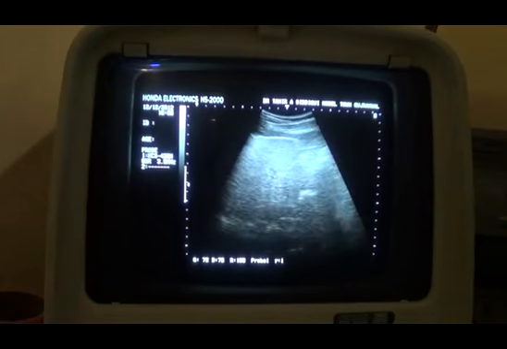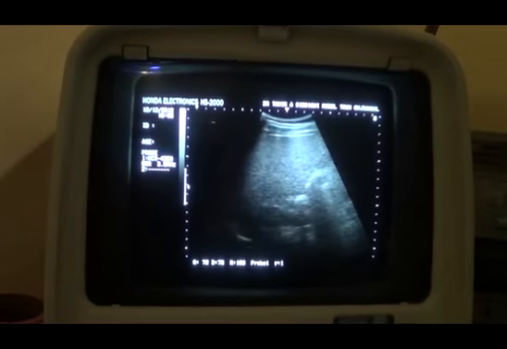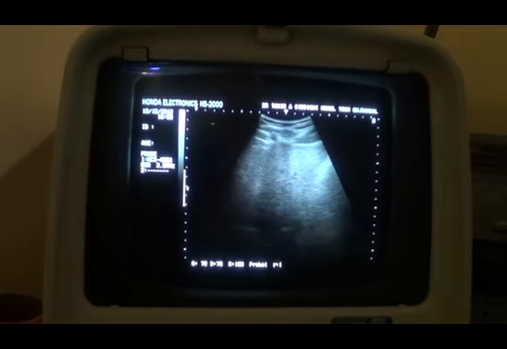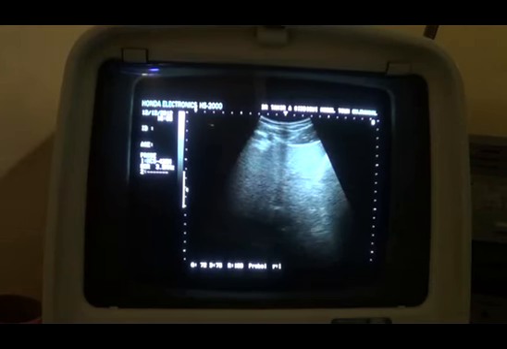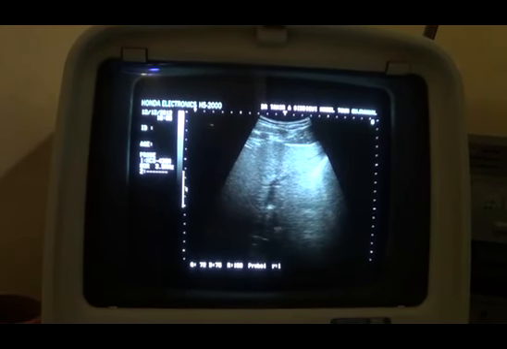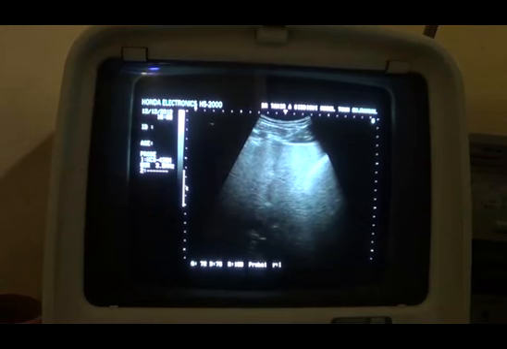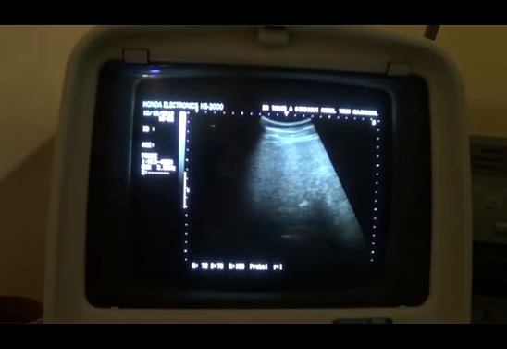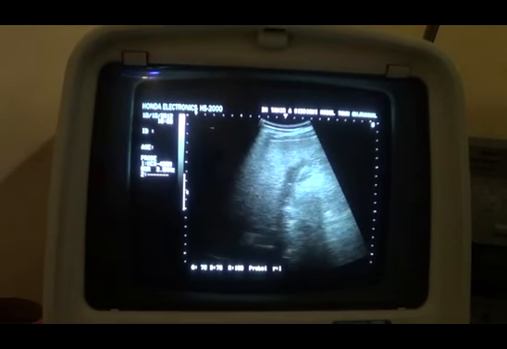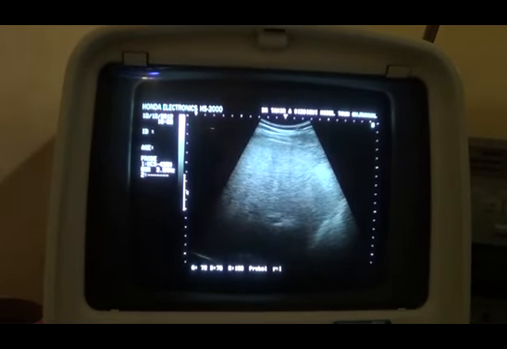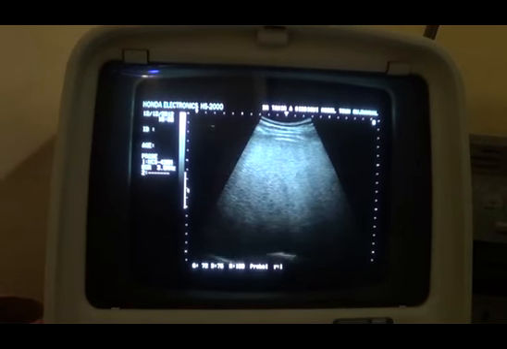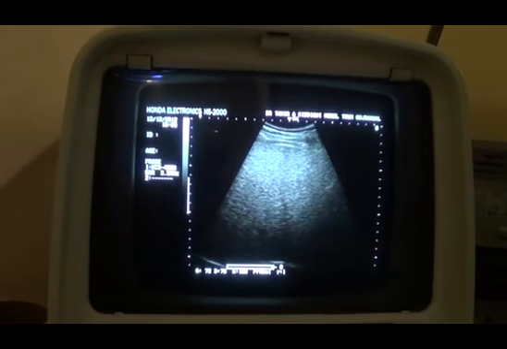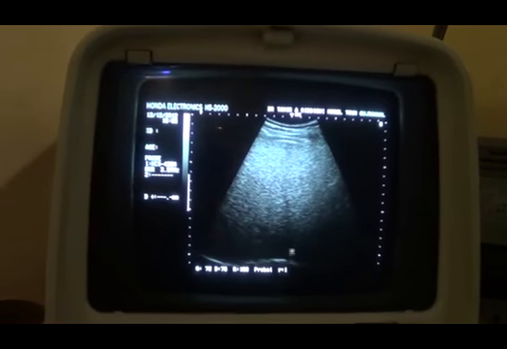Observe the vessel margins in this view. Are they sharp or blurred? Now this is the middle hepatic vein, this area.